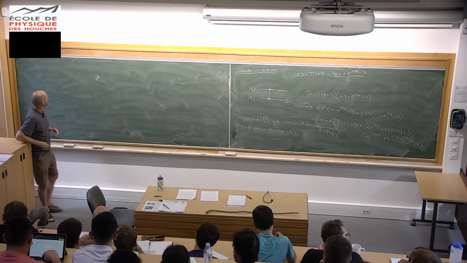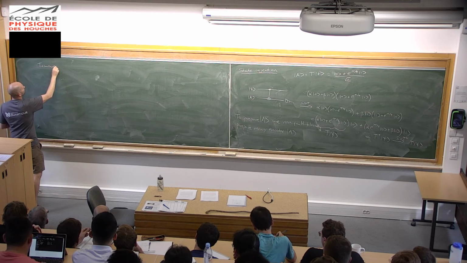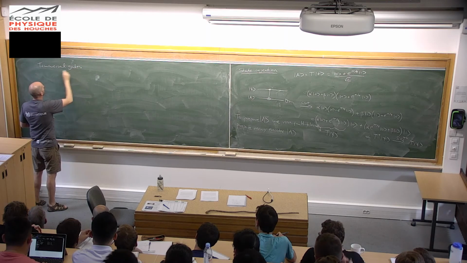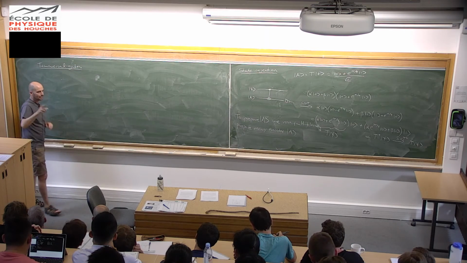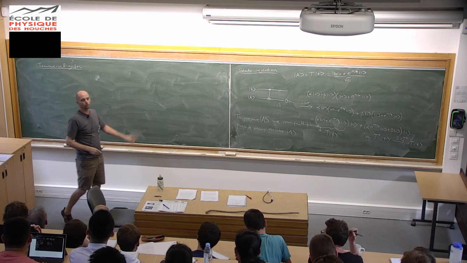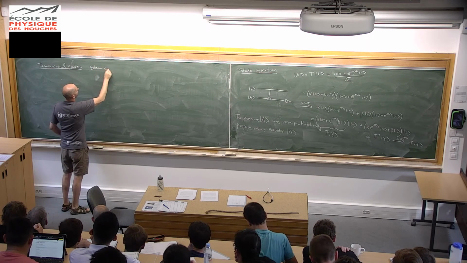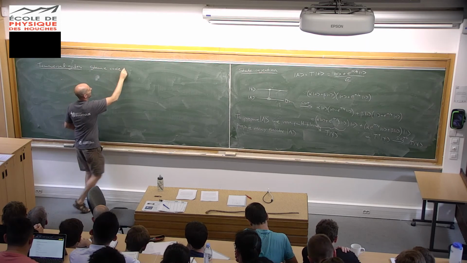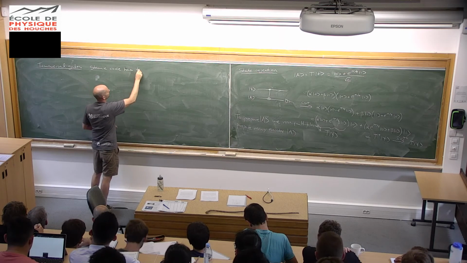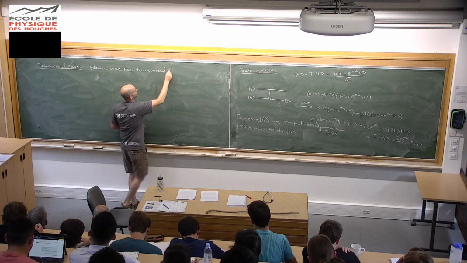Okay. So, transversal gates. Instead of doing exactly what you asked me, I will show you that the Steane code has transversal Clifford.